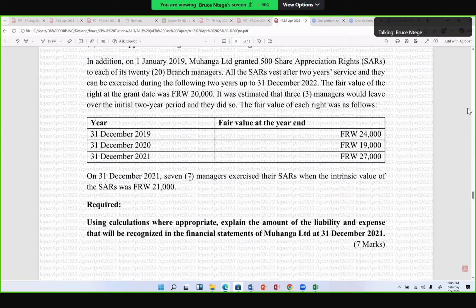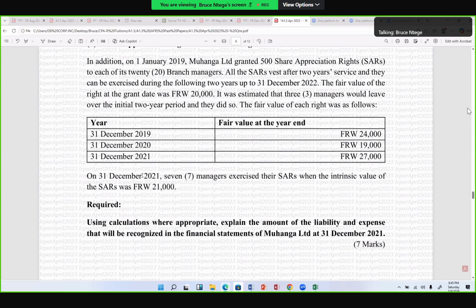And that's the information down there: on 31st December 2021, 7 managers exercised their share appreciation rights. So when people completed the 2 years, they didn't walk in to receive their cash. They waited because they're still given up to 2022 to get their benefit. They waited until the end of December 2021 for 7 managers out of the 17, because 3 went away.